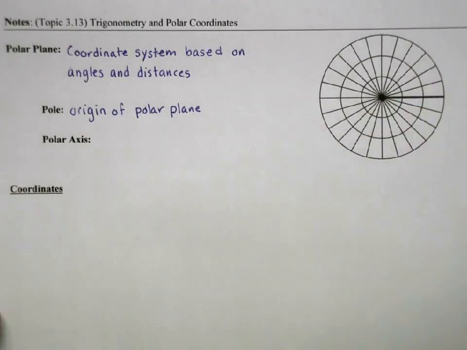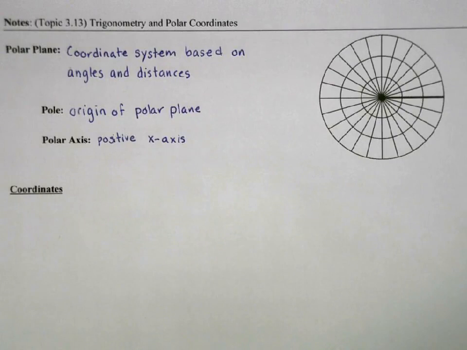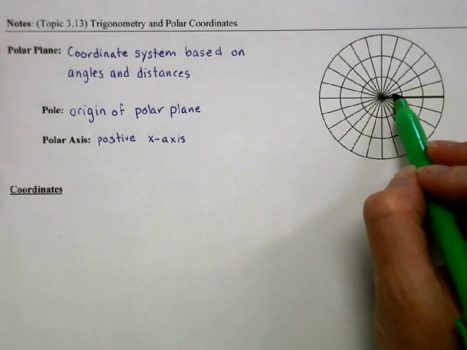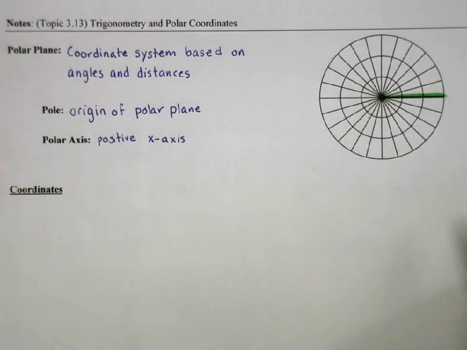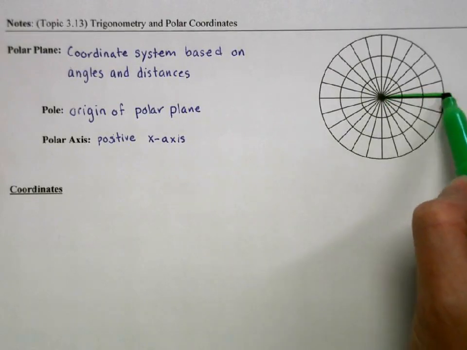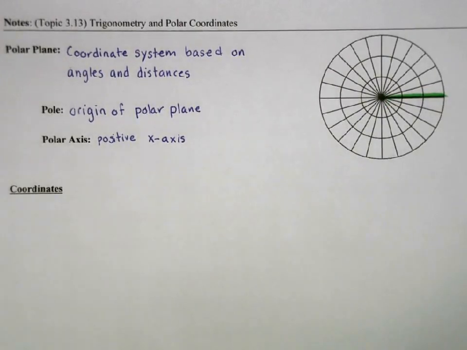So it's the same location as our normal origin. It's going to be right in the center, but we call it a pole. And then rather than having an x-axis and a y-axis, we simply have just one polar axis. And it is what we think of as our positive x-axis. So everything's going to be measured off of just this one line.